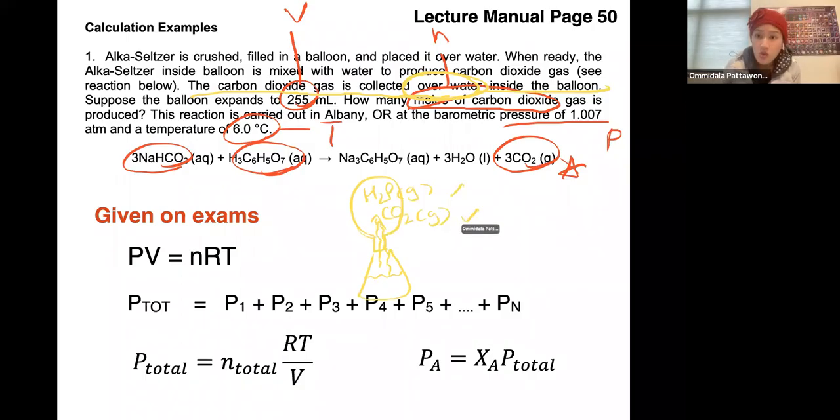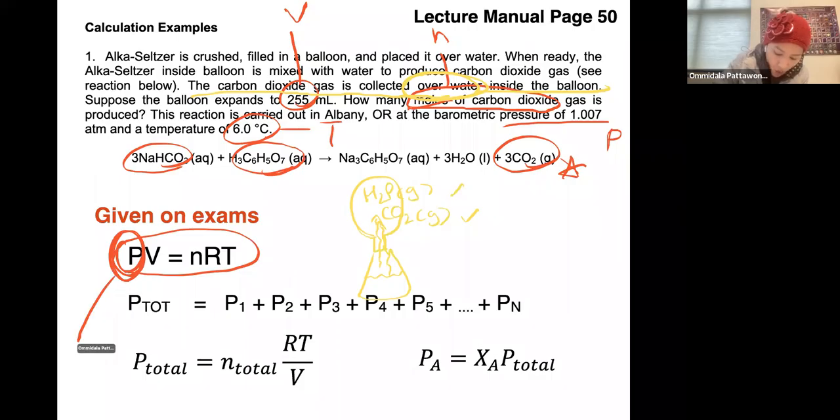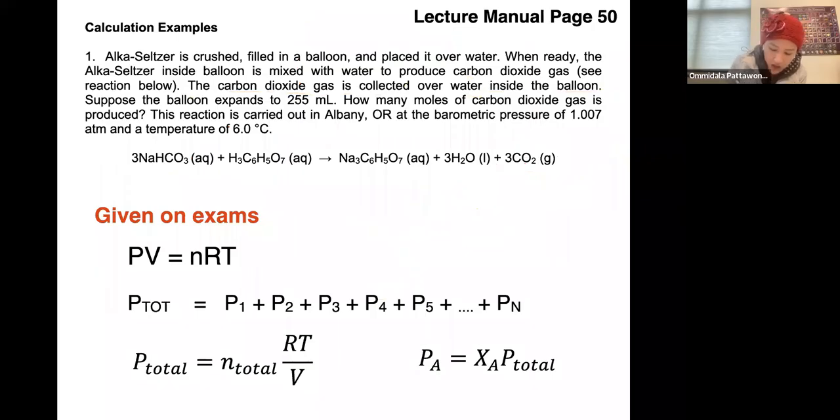Therefore, if you are going to plug it into PV equals nRT, this pressure right here has to be only the pressure of CO2. Okay, it cannot be the total pressure. So we know that we cannot use PV equals nRT yet. We need to first find out the pressure of just carbon dioxide.